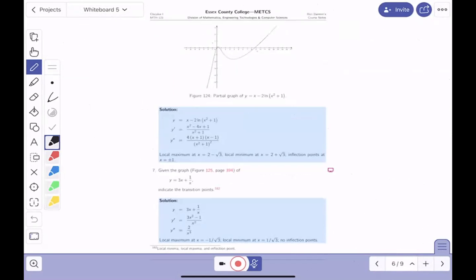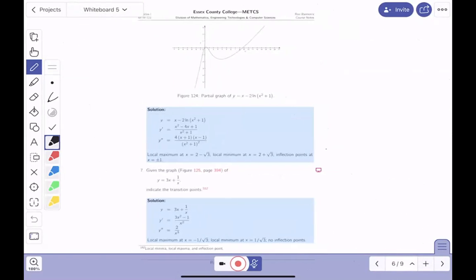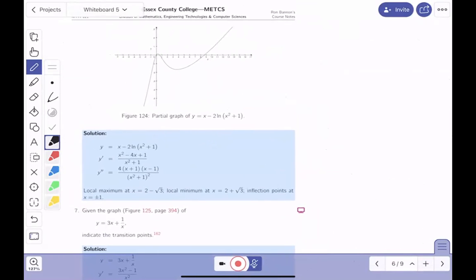All right. And this is number 6, right? So let me write this work down for you. And it might even be an easier problem, who knows? But I'm going to put down y prime is equal to 1 minus 2 over x squared plus 1 times 2x.